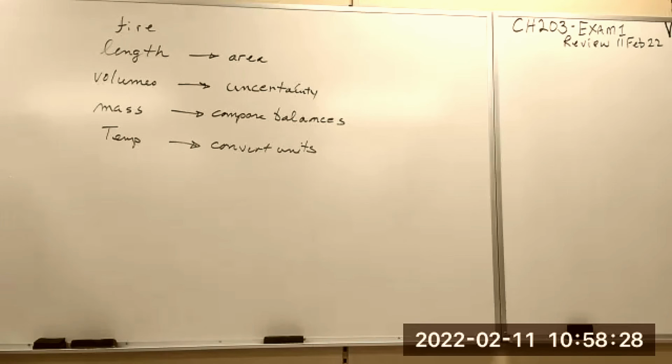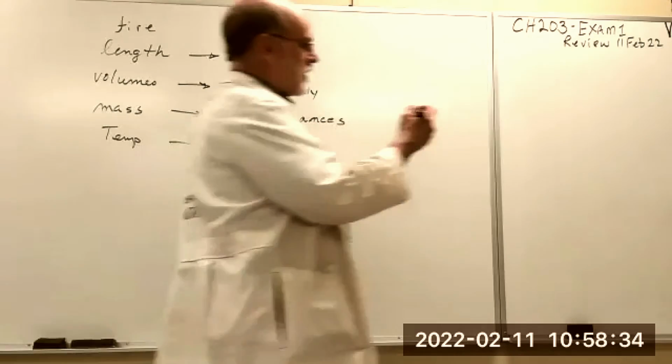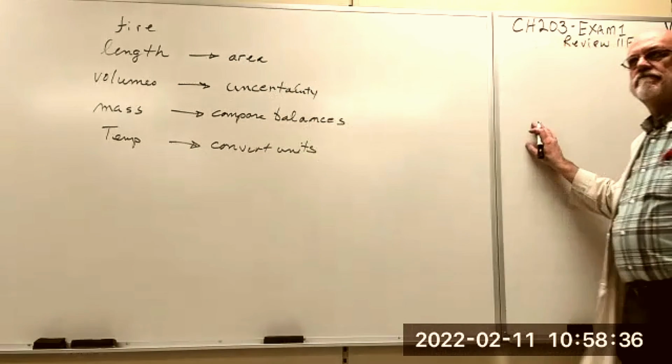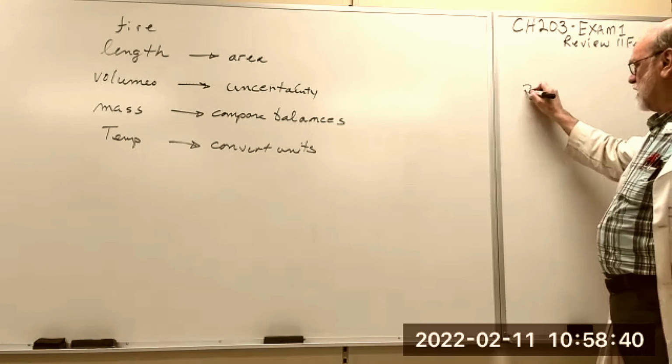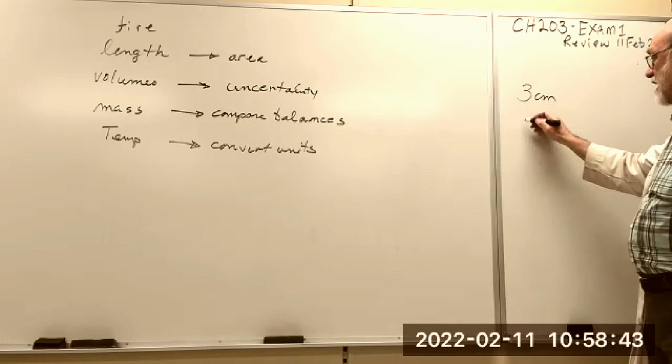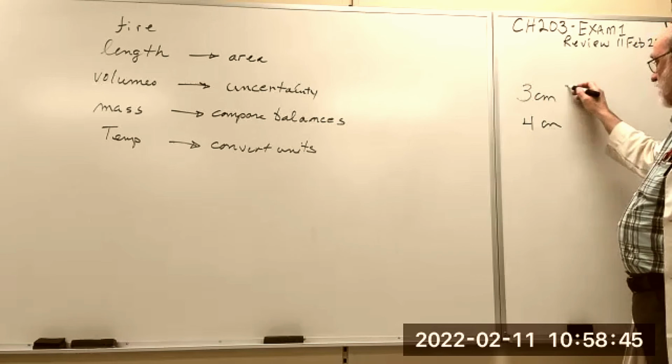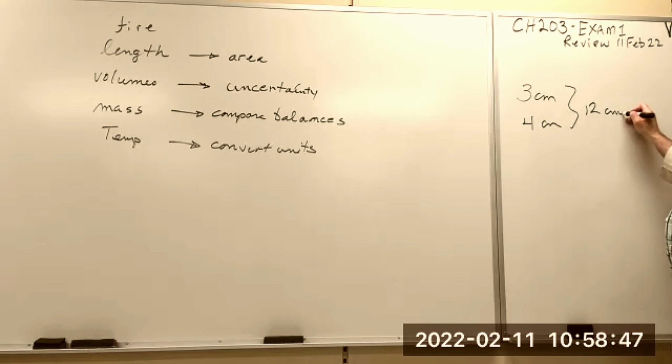And then you have to calculate area. So use an example. If say you measured 3 centimeters by 4 centimeters, the area would be 12 centimeters squared, right? Okay. What would that be in millimeters squared?